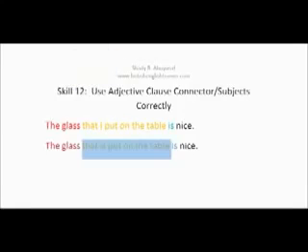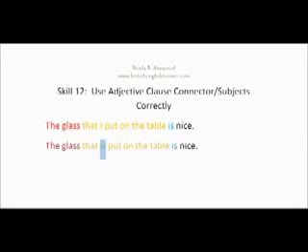Now look at this. Now what we need to do actually is to differentiate between these two adjective clauses that we see here in front of our eyes. The first one is that I put on the table, but the second one is that is put on the table, which means that in the second one we've got that as a connector, and then we have is as a verb.